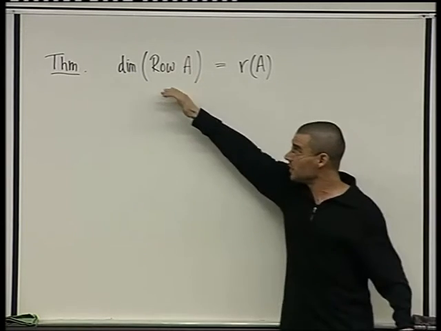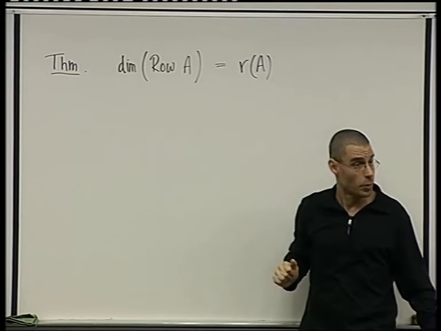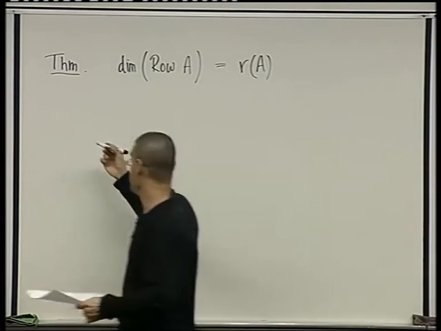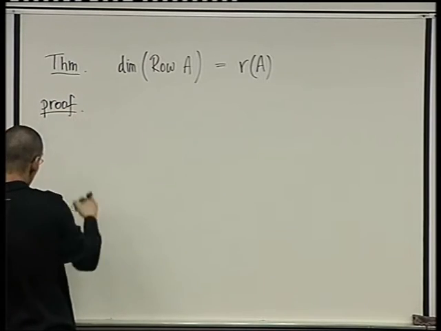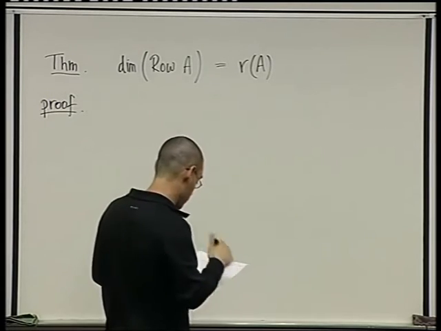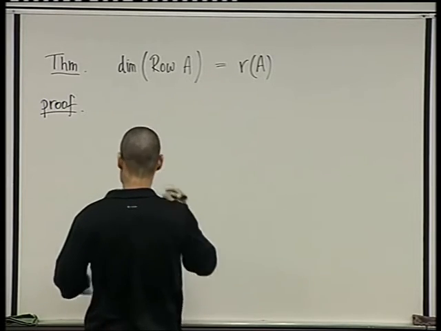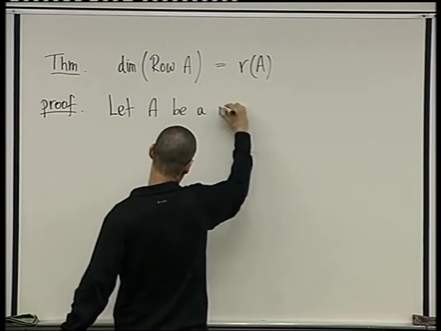But in fact, this is a very standard definition, and now I want to show you that they coincide. Okay? So here's the proof. And of course, the proof is going to be based on these three statements that we had on the previous board. So let A be a matrix.